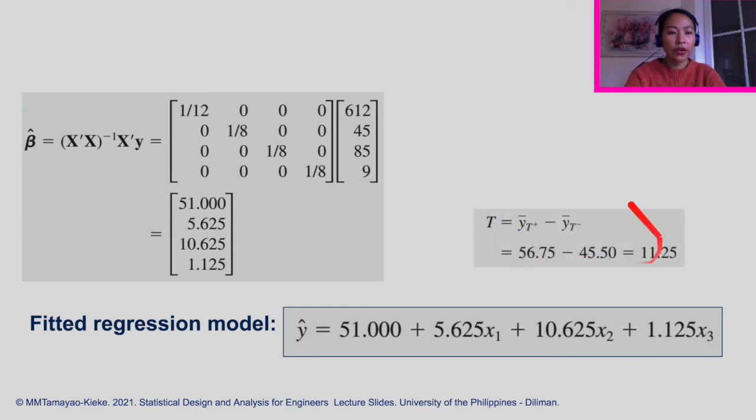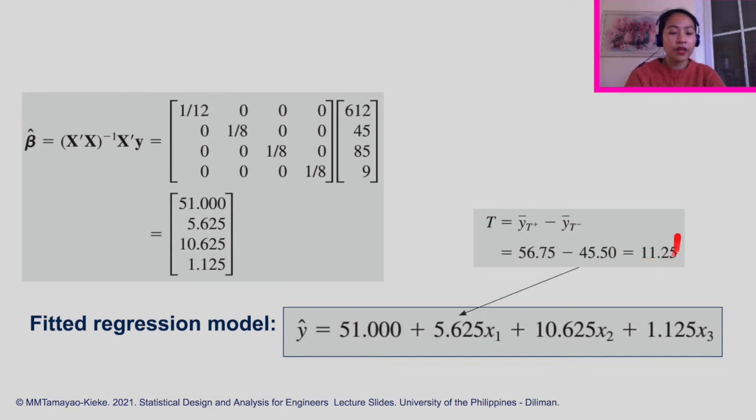Now, recall in factorial design, you can also estimate the effects. For temperature here, the effect estimate is just equal to the average at the high level of temperature minus the average at the low level of temperature, and that would be equal to 56.75 minus 45.5, which is equal to 11.25.